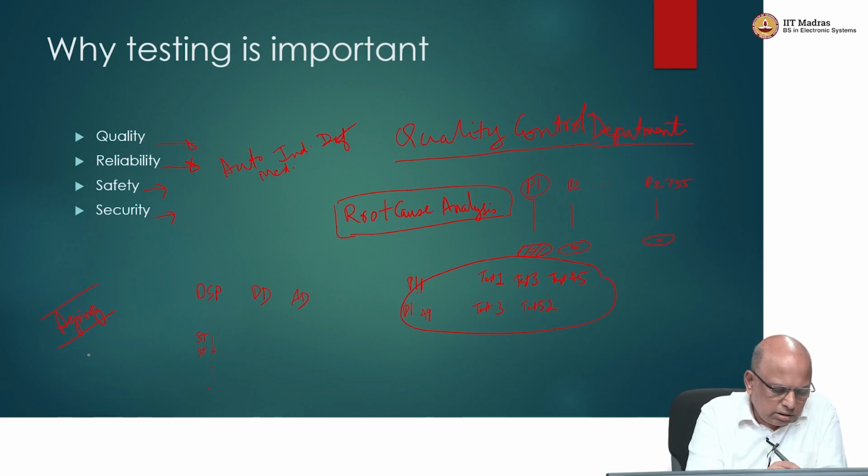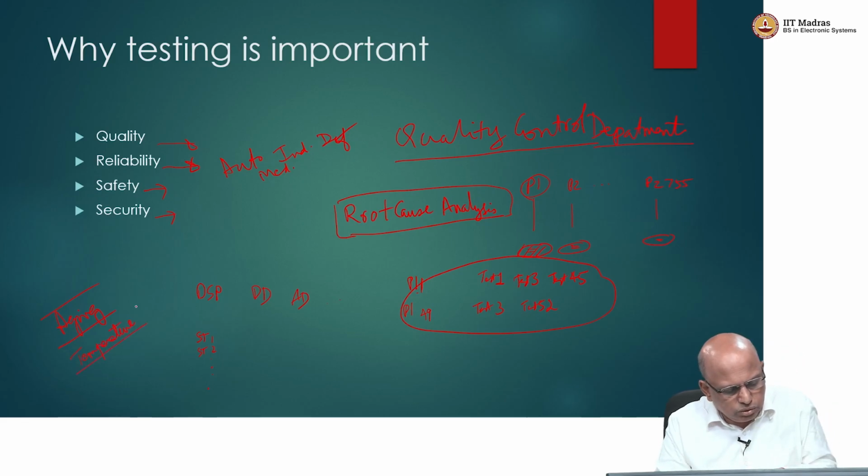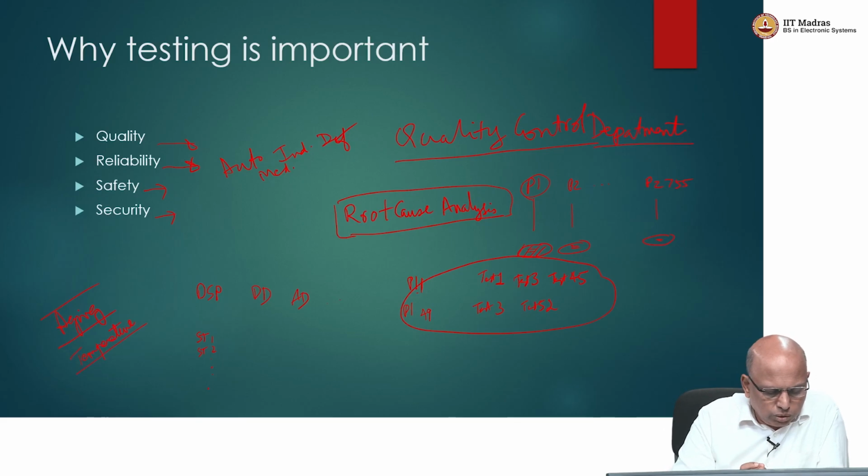The aging can be accelerated because of things like temperature cycling. What is temperature cycling? You heat and then you cool, you heat and then you cool. When you take a metal wire and you heat it and then you cool it, and you heat it and you cool it, over a period of time it may start developing cracks, and as a result it may fail.